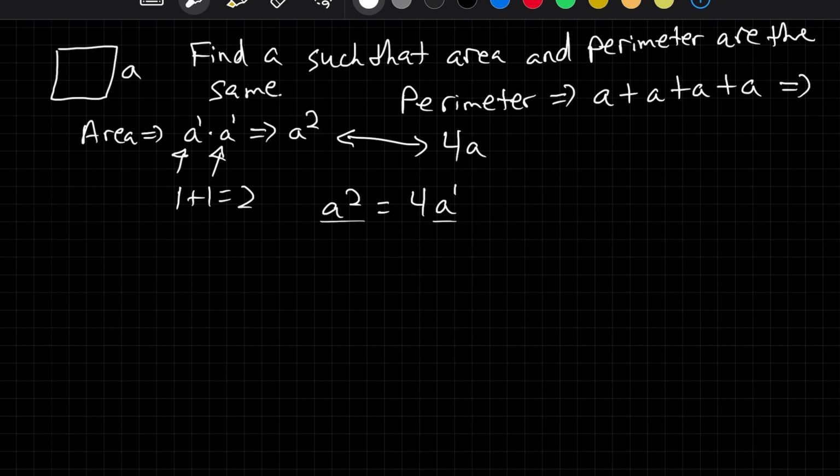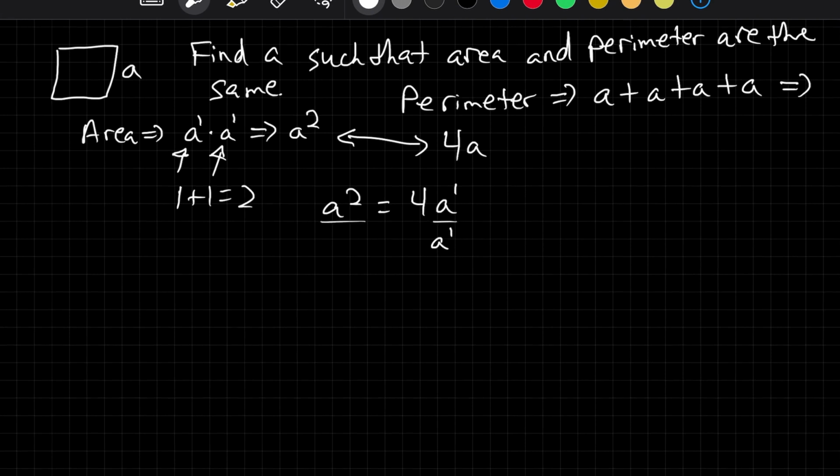So let's see how we solve this. Earlier, when we were multiplying two numbers, A to the first times A to the first, we added when we multiply. But what do we do when we divide? We subtract. So let's divide both sides by A to the first.